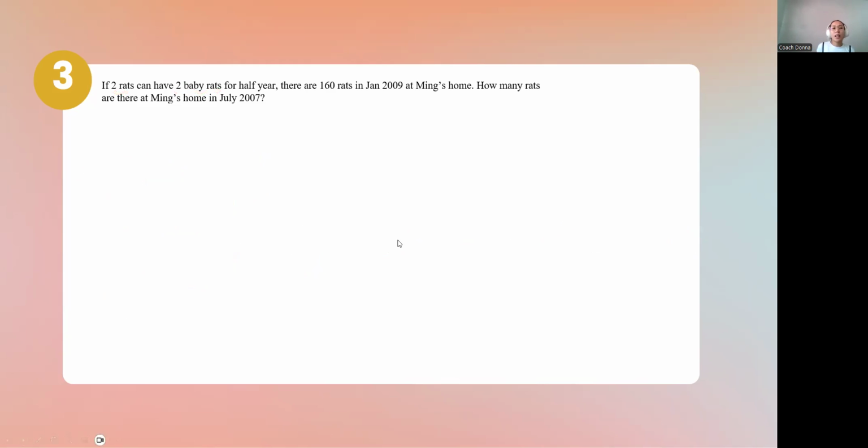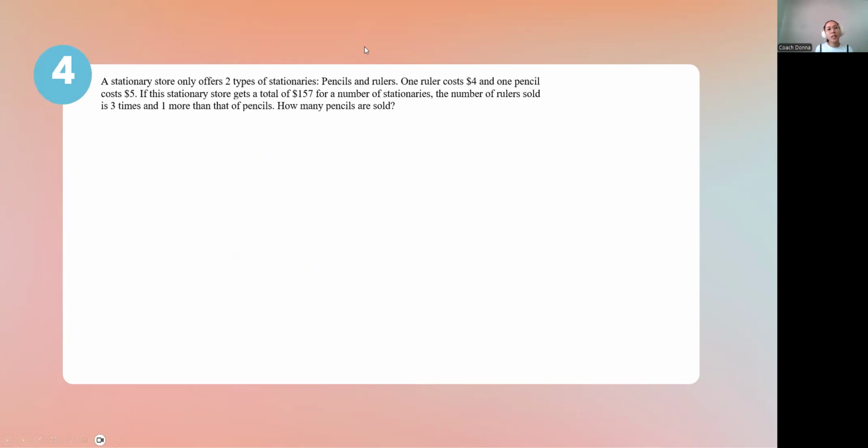Number 4, a stationery store only offers 2 types of stationeries, pencils and rulers. One ruler costs $4 and one pencil costs $5. Okay, let's write that down. Ruler is 4 and then the pencil costs 5.